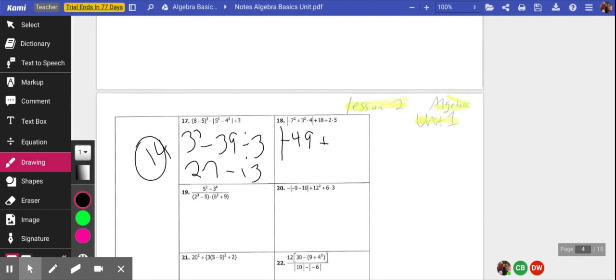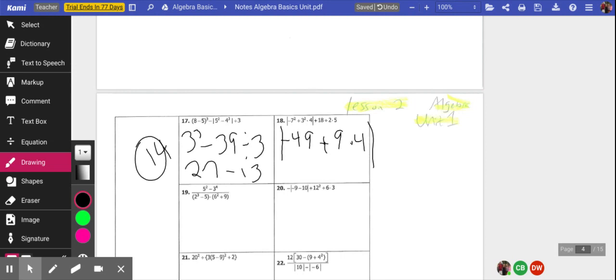And then plus 9, and then times 4. And that is all in the absolute value sign. And then, of course, we have plus 18. And then I can't read it. Is it plus? Oh, yeah, plus 2. And then times 5. Oh, it's divided by. Okay.